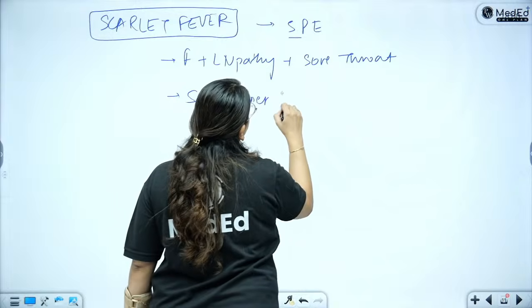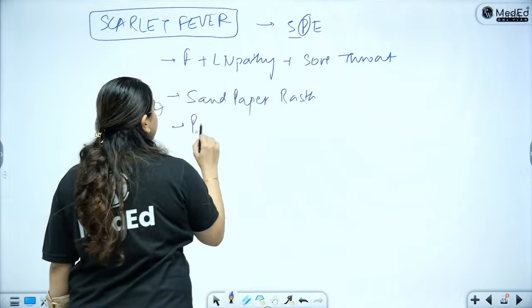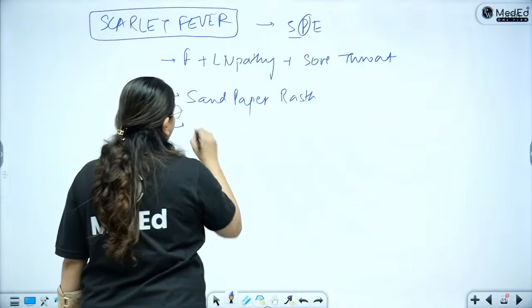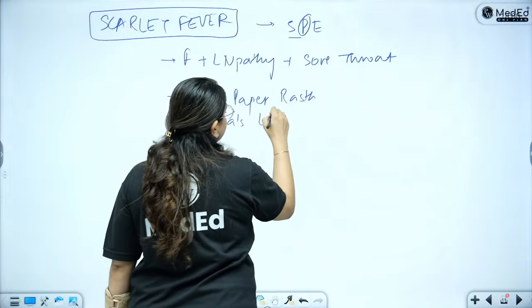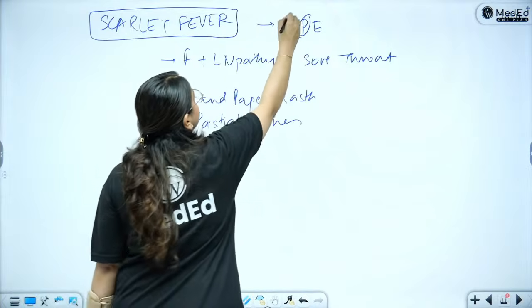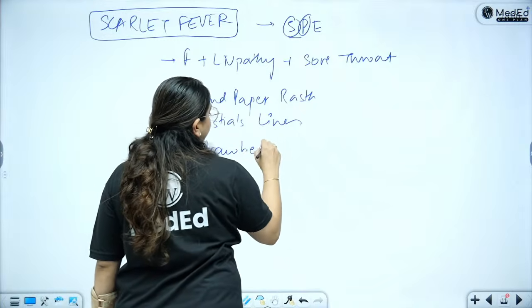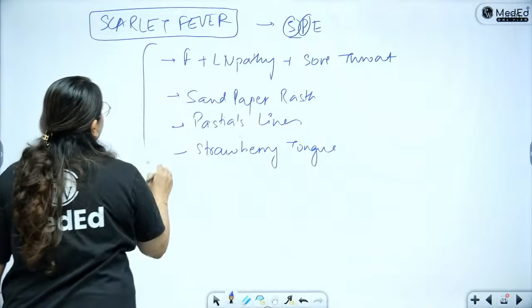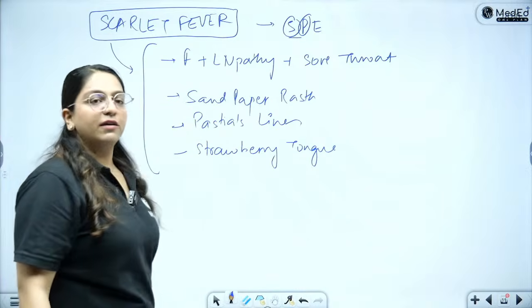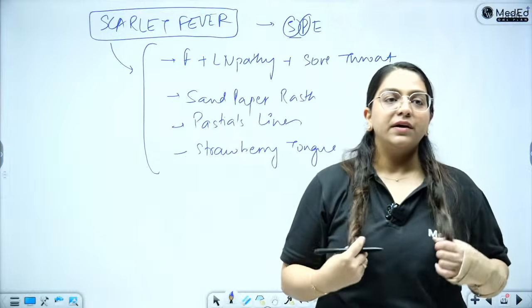P stands for Pastia's lines. S stands for strawberry tongue. These are the features of scarlet fever, caused by group A Streptococcus, with common lab diagnosis and common treatment.